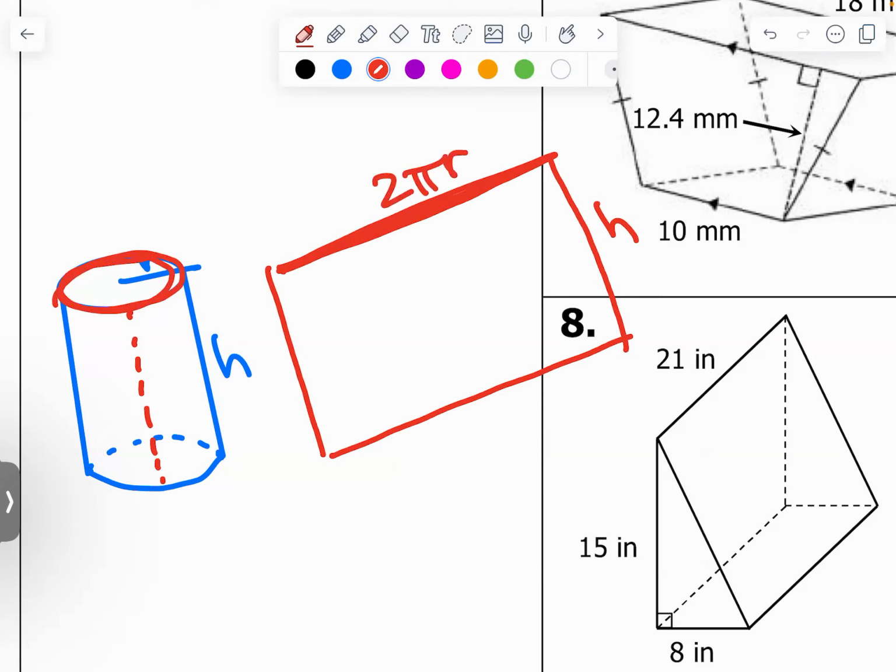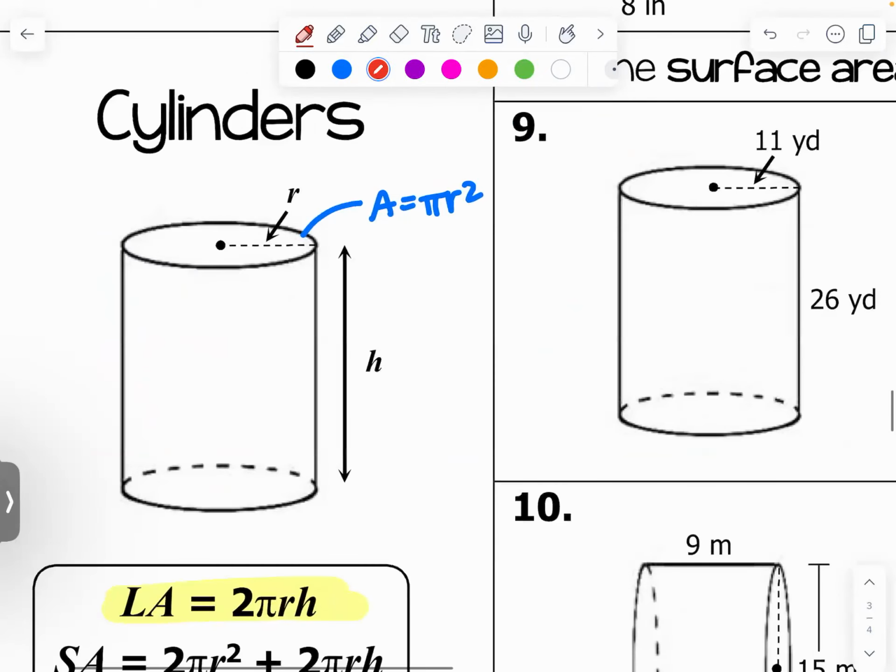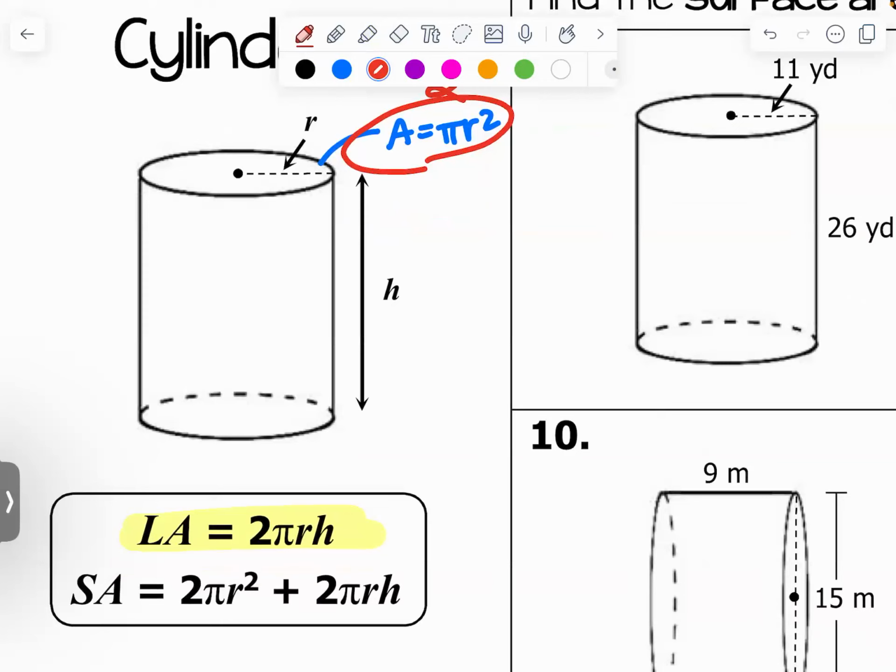That's our circumference. How do you find the area of a rectangle? Length times width. So when we find the surface area, we have 2 circles that we need to find and the lateral area, which is circumference times height.